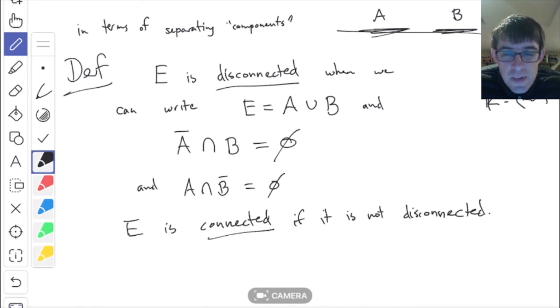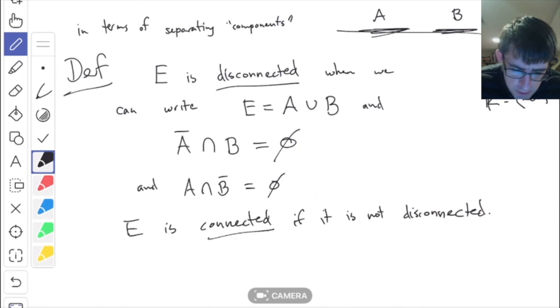Now that other thing I said before about points being in between other points, we're going to talk about that, but it'll be as a theorem that connected in this sense about separating into two separate components is the same as that business about points in between other points. All right. I think we've got 4 minutes left. Let's go through those examples that I said informally before and see if we can demonstrate, at least for the disconnected ones, that they are indeed disconnected.